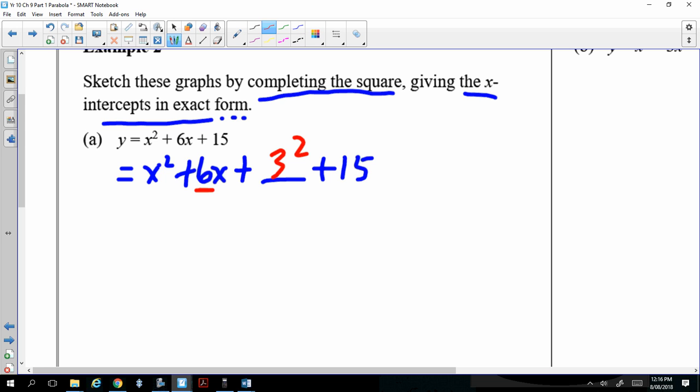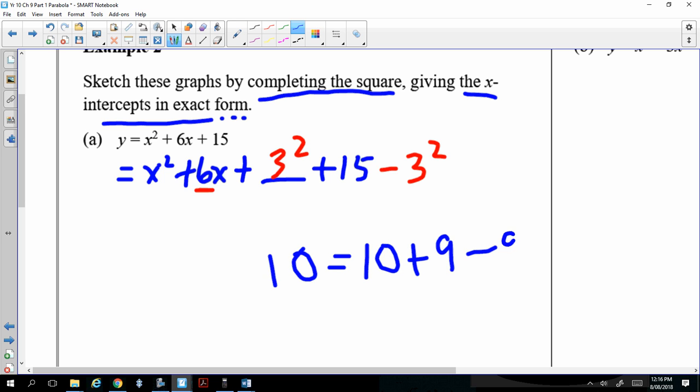You add 3 squared, but you subtract 3 squared at the same time, so they are balanced. It's like saying 10 is equal to 10 plus 9 minus 9. Is that still 10? Are these two equal? That's what we do.